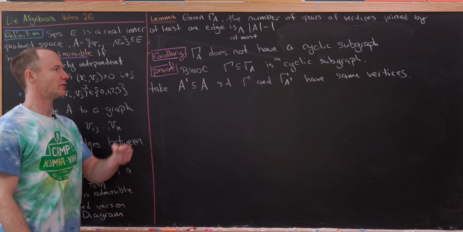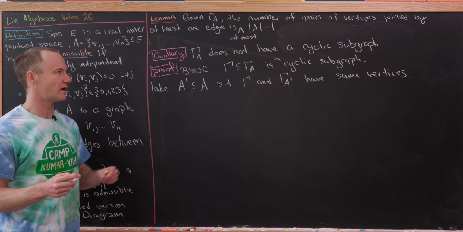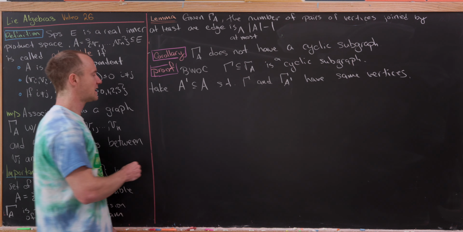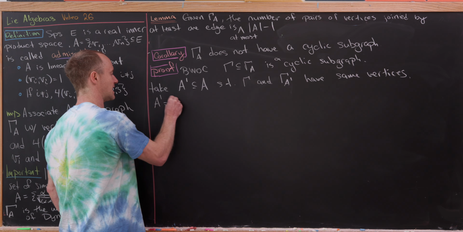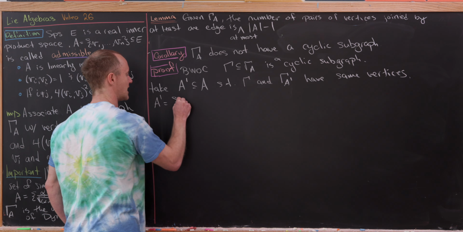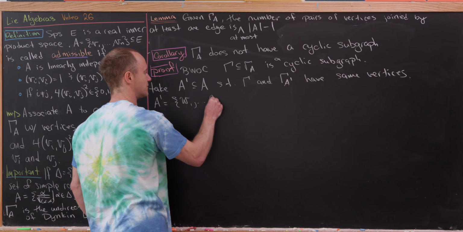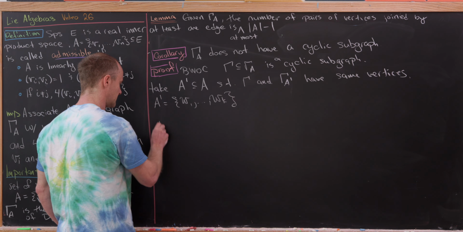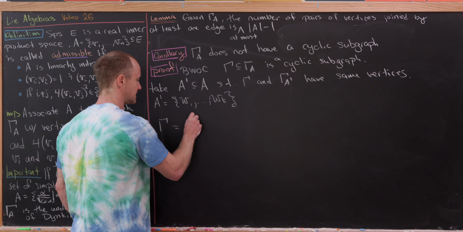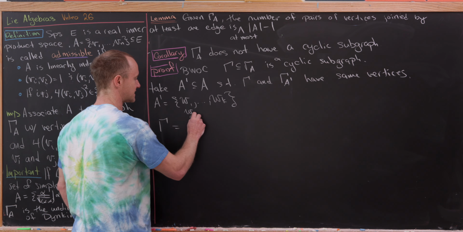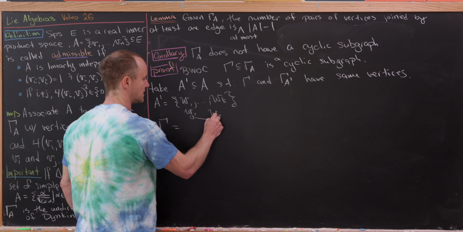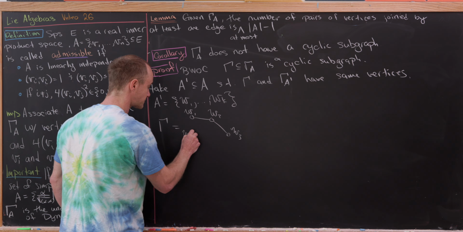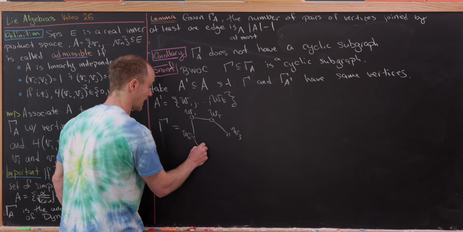Well, how do we do that? Well, we just take the cyclic subgraph and then pull off all the vertices and put them into this A prime. Now, we might want to just give a name for these things inside of A prime. Maybe we'll have W1 up to Wk. But now let's observe that we have gamma is equal to this cycle, W1, W2, W3, all the way around here to Wk.